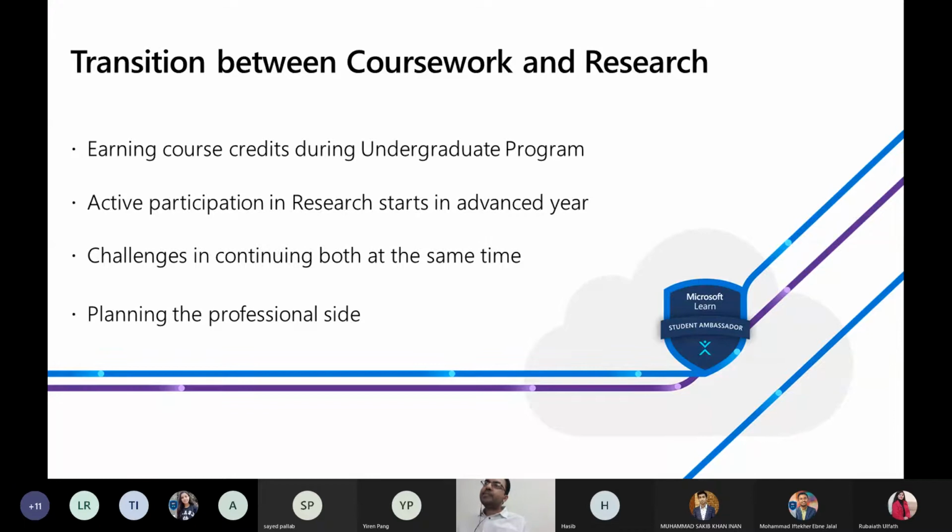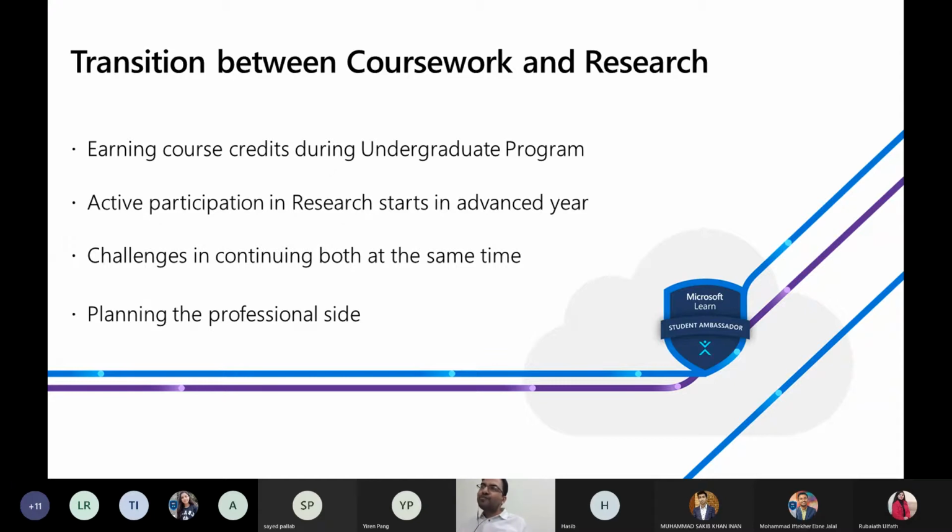But after that, the university will ask you to do mandatory research, right? It's part of your program. It may or may not be part of your program, but in most cases, it is mandatory to earn certain credits for research as well, in parallel to your coursework.